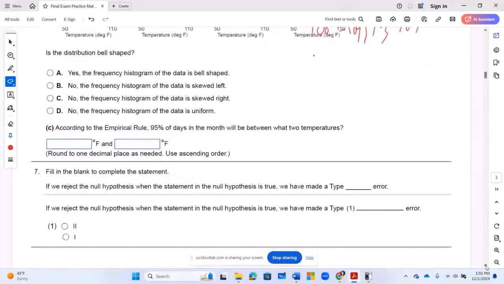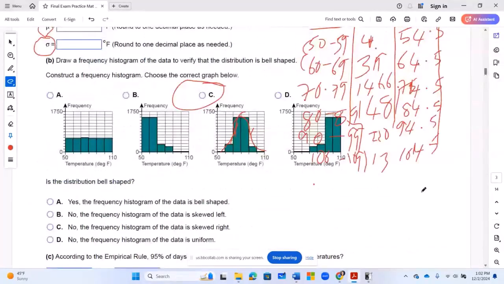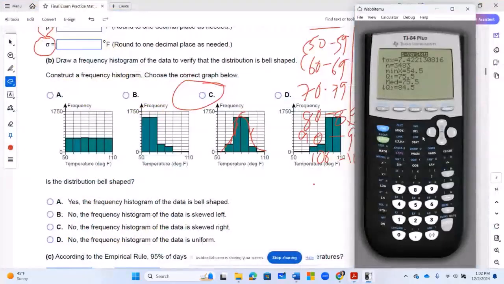So according to the empirical rule, 95% of days in the month will be between plus or minus 2 standard deviations. I already know the standard deviation. Let me go back and see it. The standard deviation is 7.4.